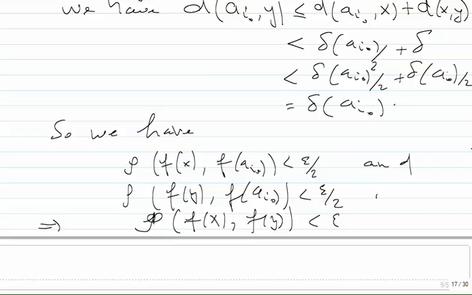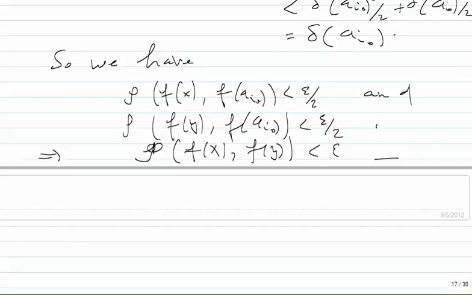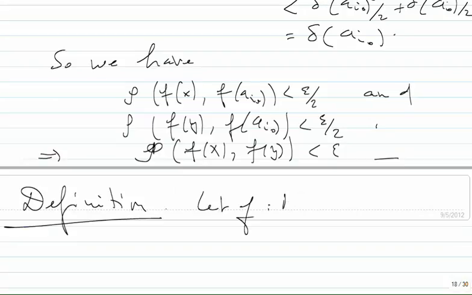This property that we proved in compact metric spaces is a new property, so we introduce the following definition. Let f go from M into N, where M and N are two metric spaces.